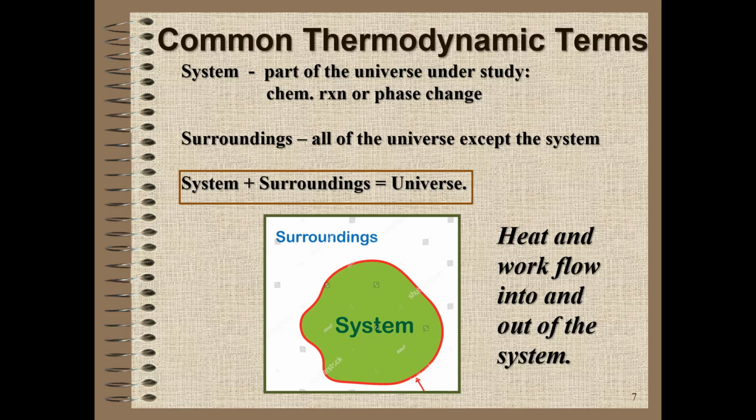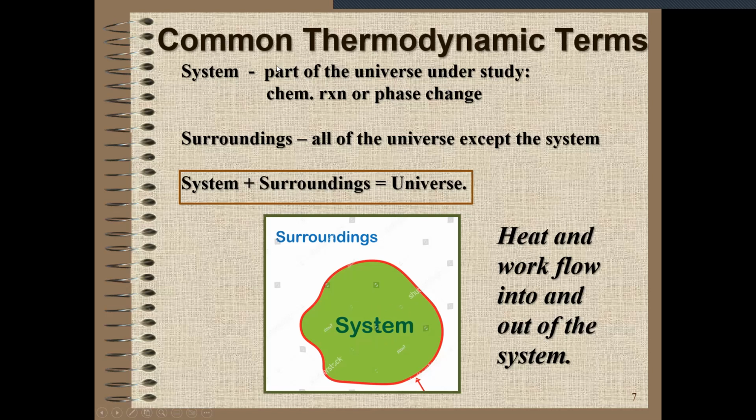So remember what a system is. It's the part that you're focusing on, that you're studying. The surroundings would be everything else, all the universe except the system, and the system and the surroundings together would be called the universe of study. With that model, we can study things flowing in and flowing out, heat or work or whatever.